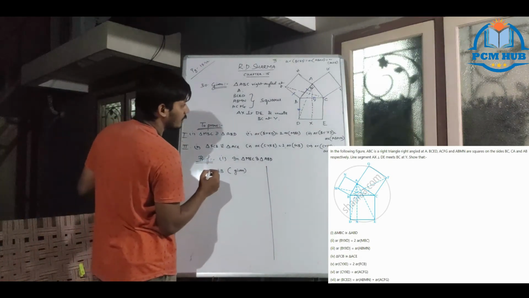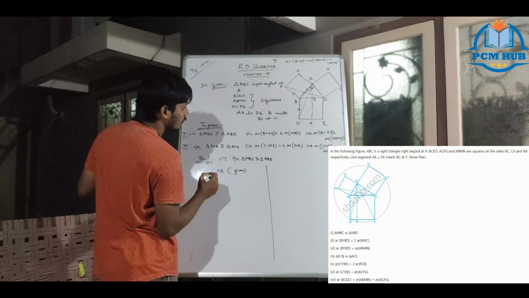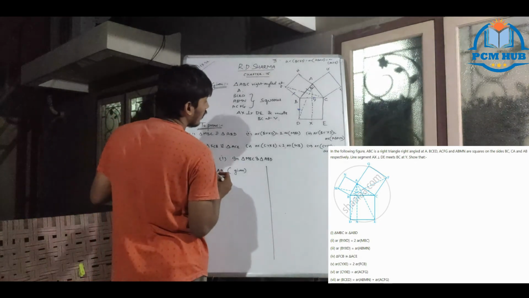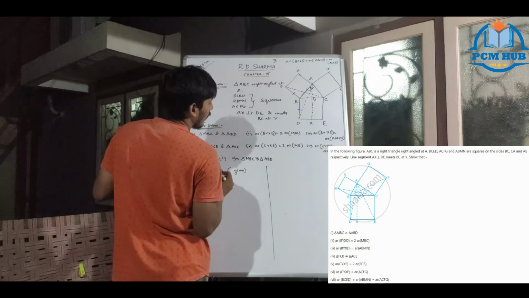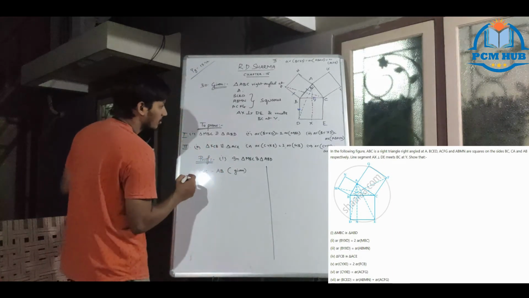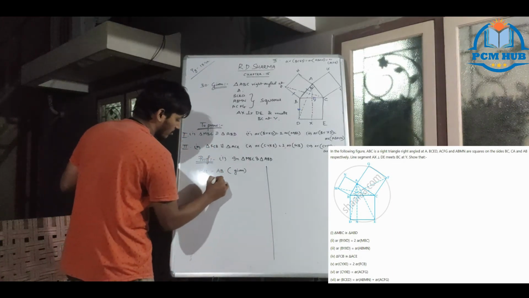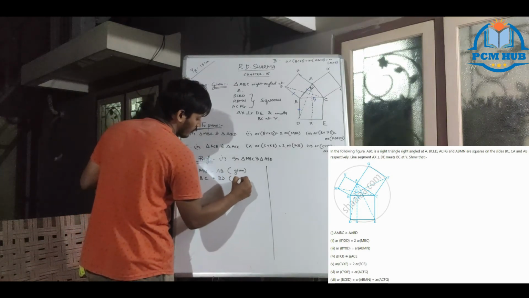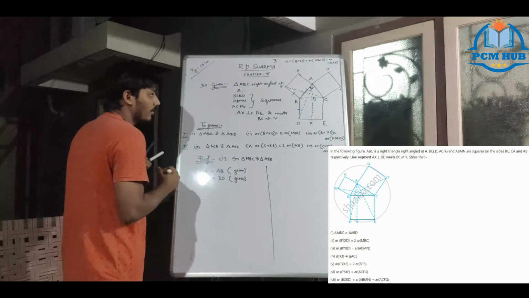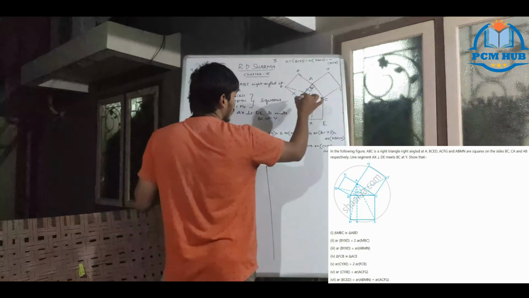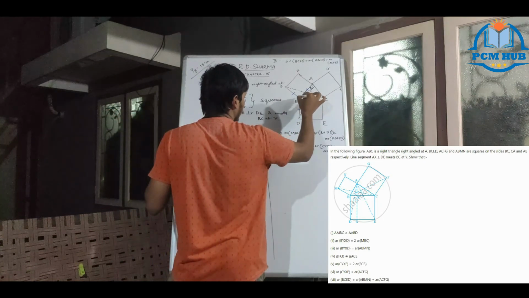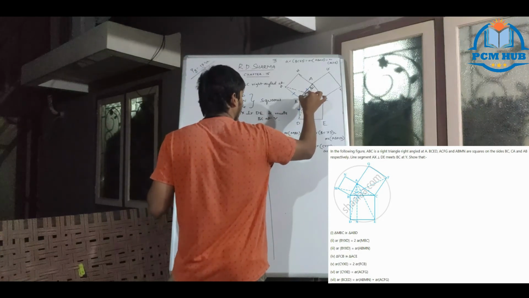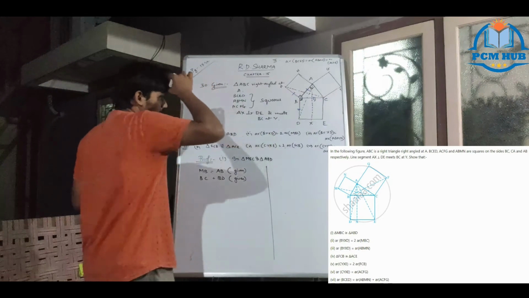Next, BC equal to BD. This is given because they are sides of a square. Next, included angle. Included angle means this angle. We know these two are 90 degrees, and the other is common.